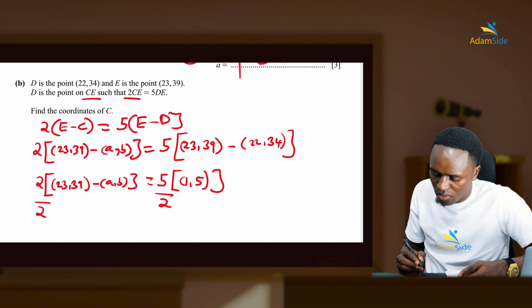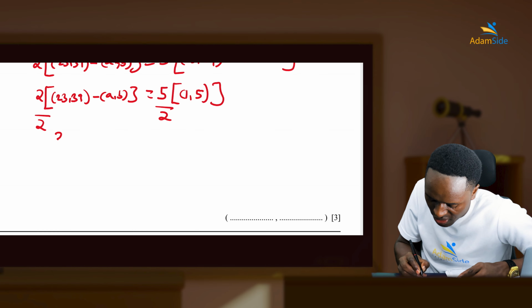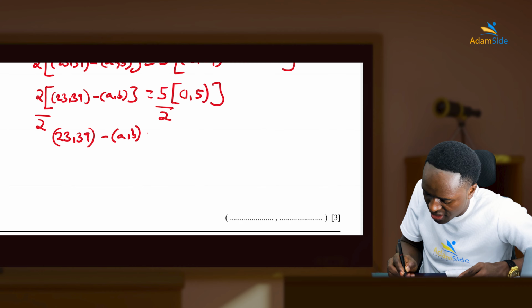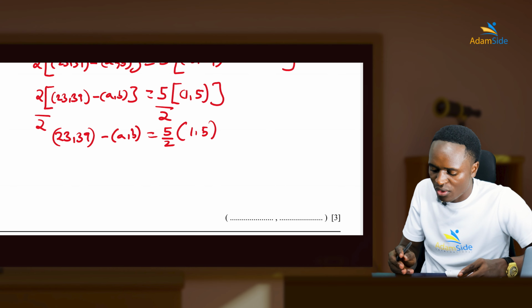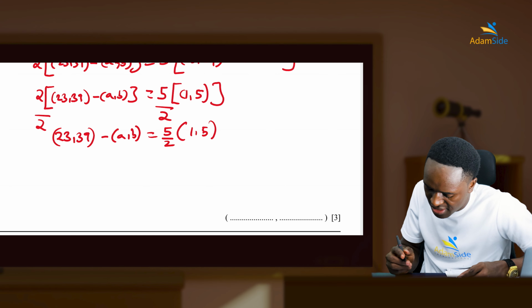We get 23, 39 minus A, B is equal to 5 over 2 into 1, 5.